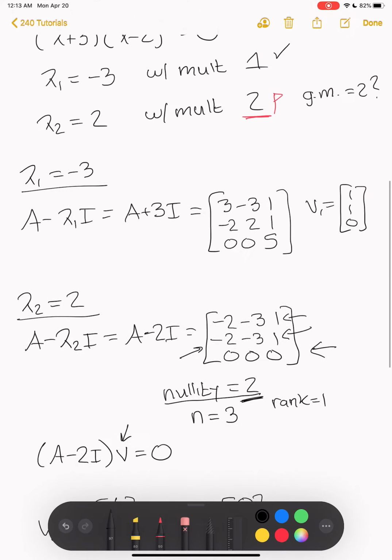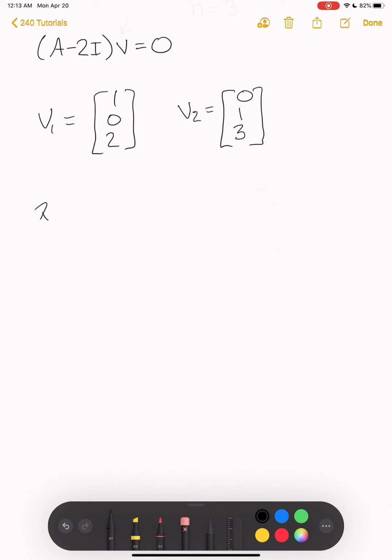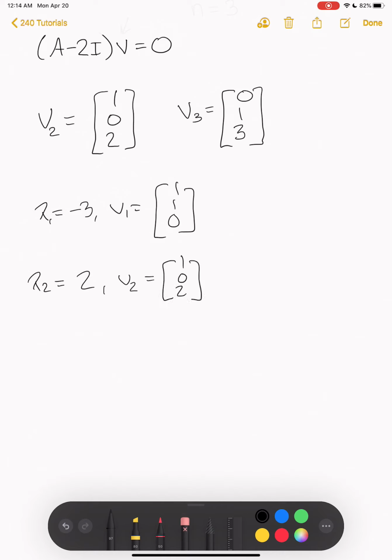Let's go ahead and just recap our pairs. We have lambda is equal to -3, and V1 was equal to 1, 1, 0. I misnamed these, sorry, these should be V2 and V3. I have lambda 2 is equal to +2, and I have one eigenvector, whoops, again, V2 is 1, 0, 2, and V3 is 0, 1, 3.